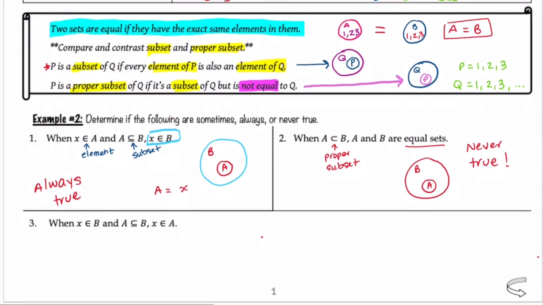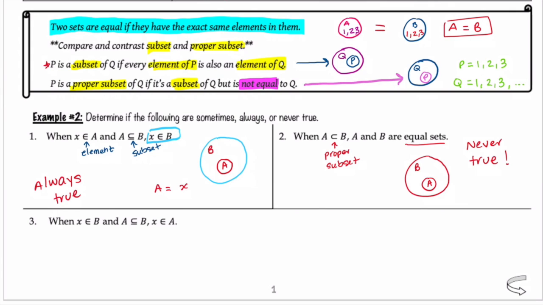Last one. For number 3, when X is an element of B and A is a subset of B, X is an element of A. Let me draw this out again.